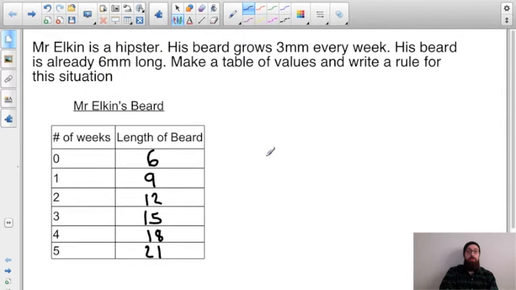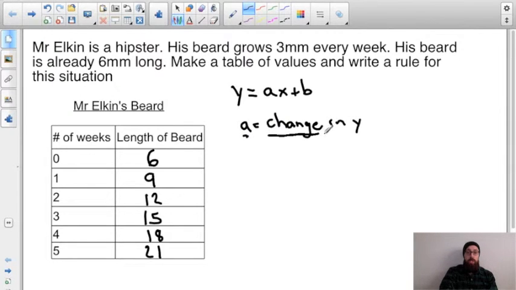Now what we need to do is come up with our rule. Well, we already said that y is equal to ax plus b. So we know that for a, it's the change in y over the change in x.